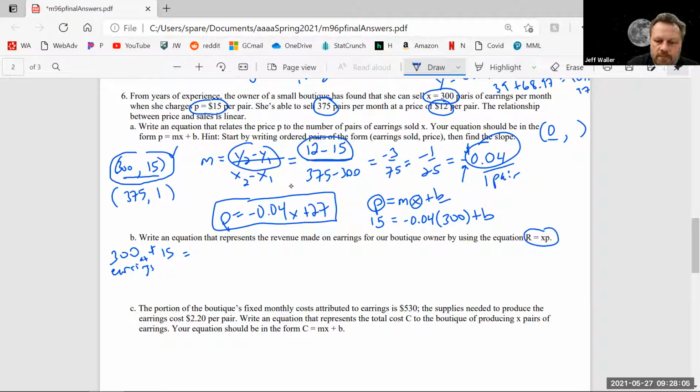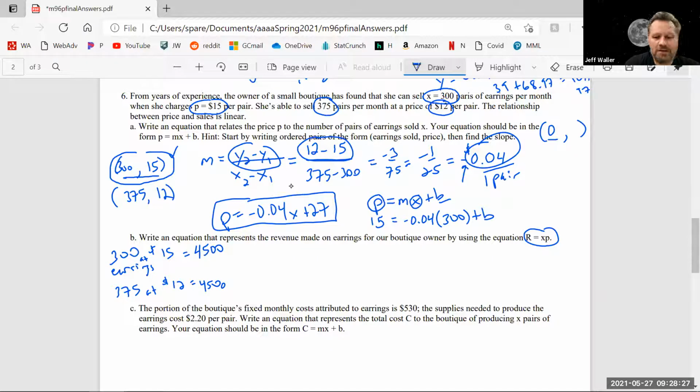How much money is that? 4,500. And how about if I sell 375 earrings at $12 a pop? Same, 4,500. That's neat.